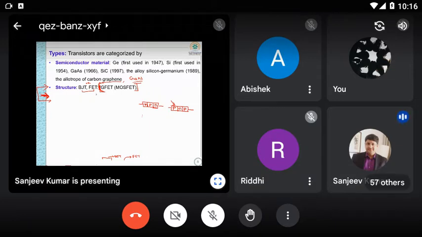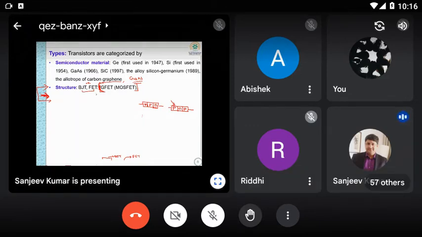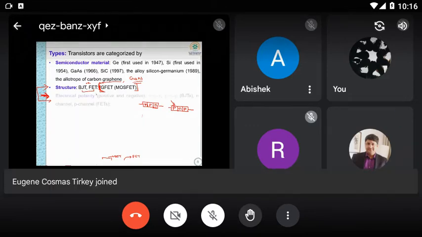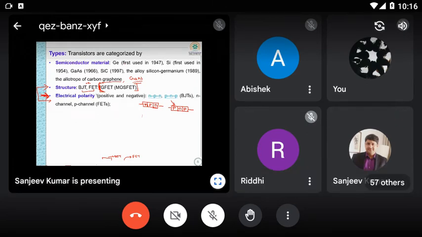In BJT, the terminals are known as emitter, base, collector. In case of FET, we name them drain, source, gate. Now, based upon the electrical polarity, transistors are two types. For BJT, it is NPN and PNP. For FET, that is N channel FET and P channel FET.